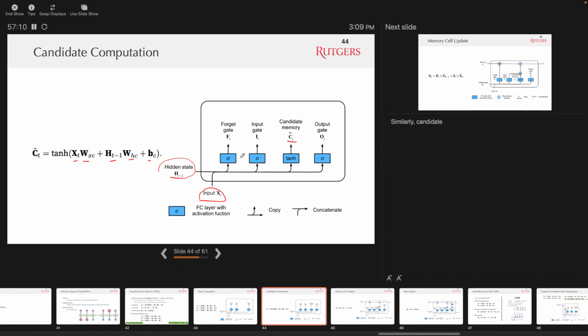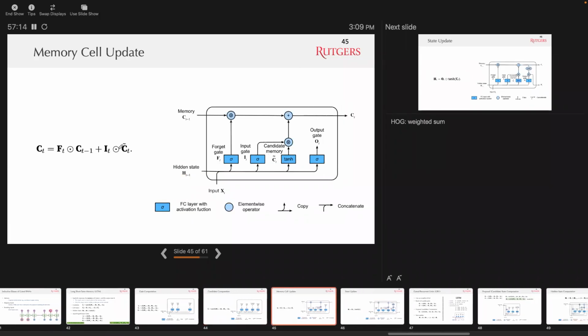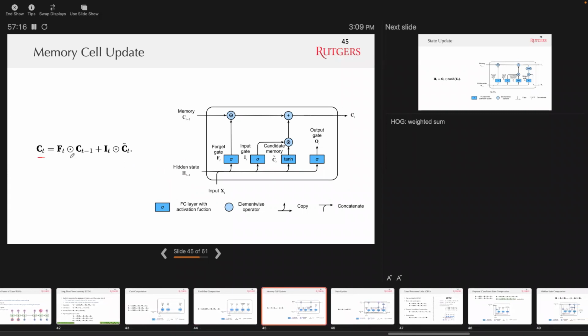After doing this, it's going to get slightly more complicated. You will compute the final cell state as a weighted sum of the previous cell state and the current cell candidate. To compute this, you're going to have two things. You need the previous memory, which is going to be multiplied element-wise with the forget gate.